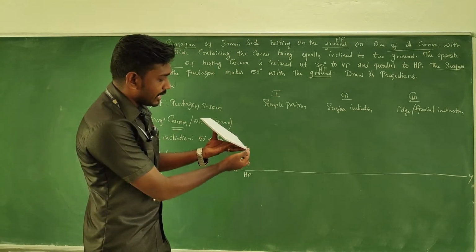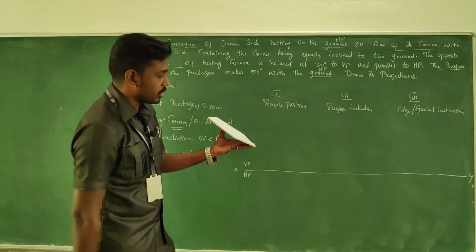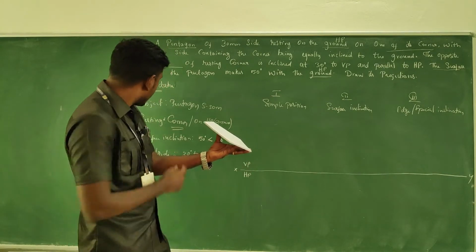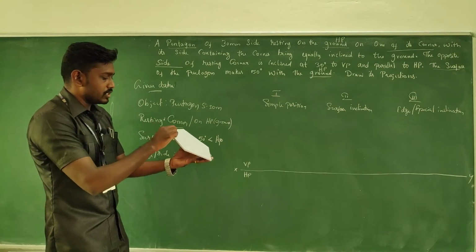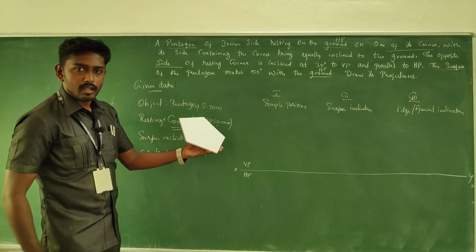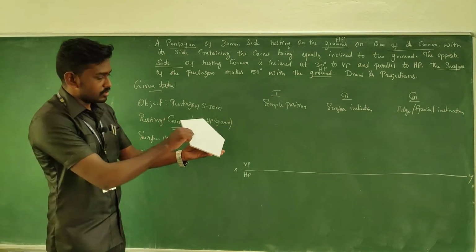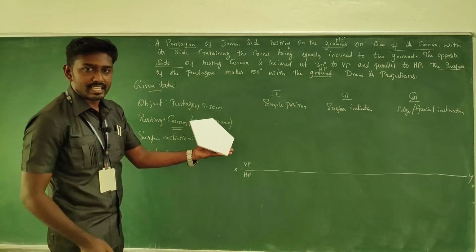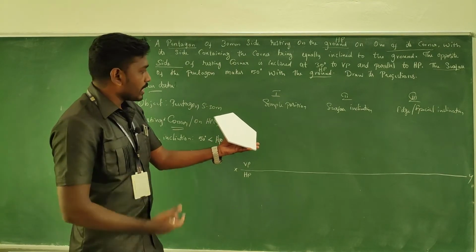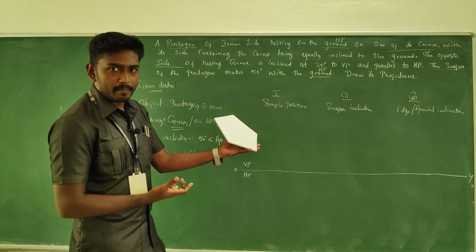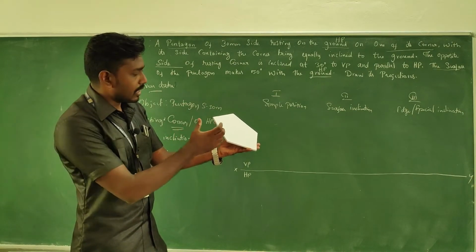Now if you incline it, this corner will rest on HP. So the position of the object is like this, and the edge opposite to the corner is tilted to VP, something like this. So this is the exact position for this condition. In this we cannot get the views of front and top, we cannot predict the exact shape.